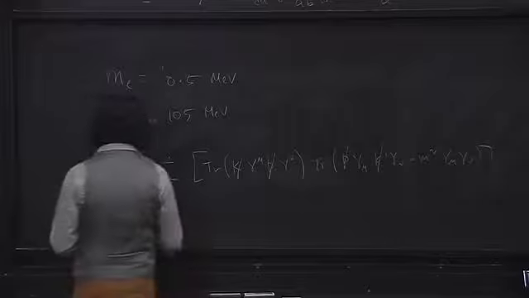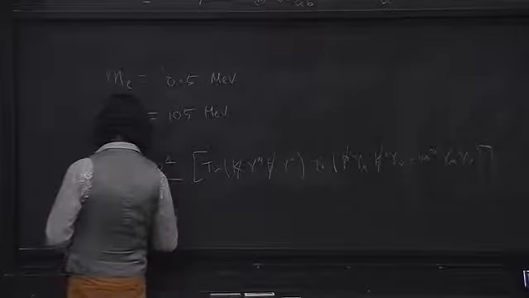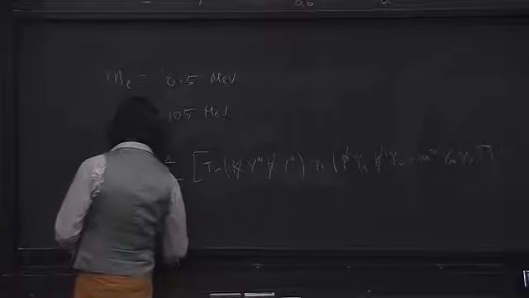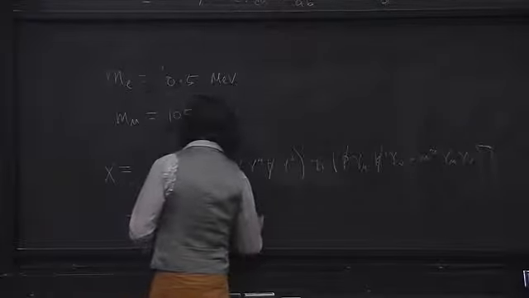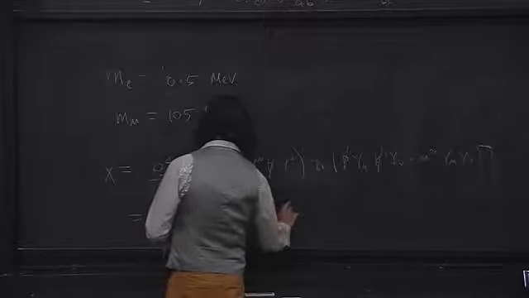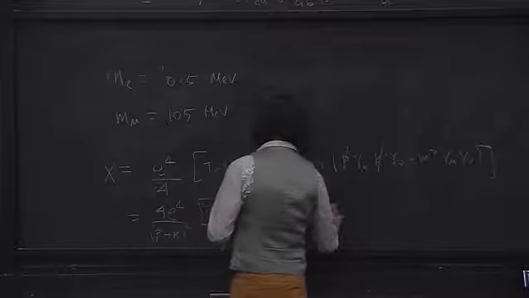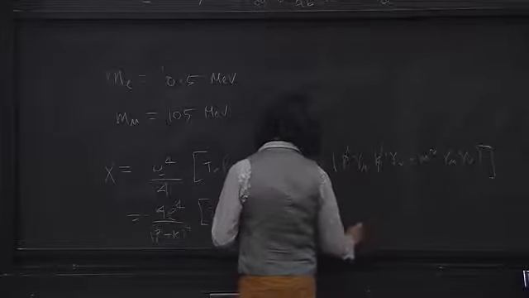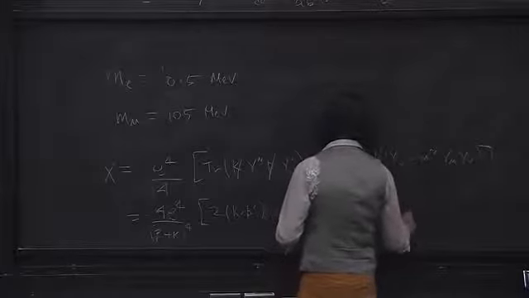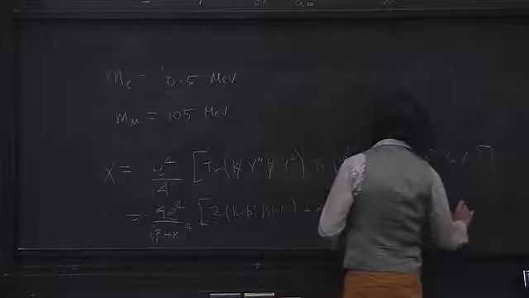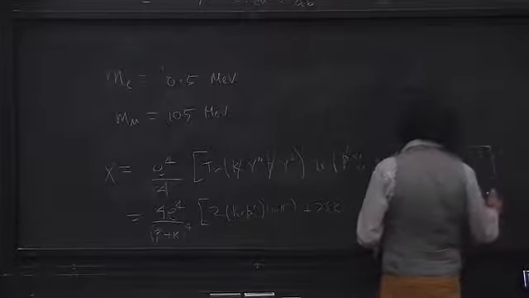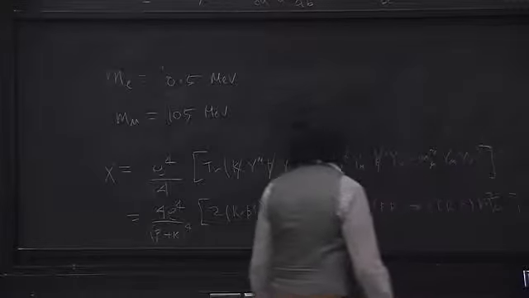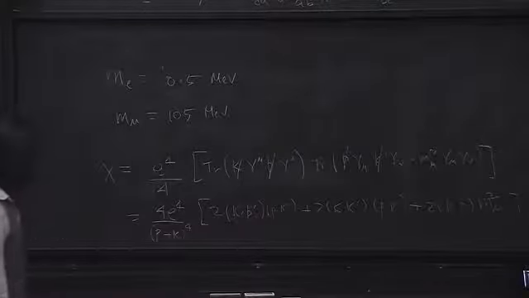So those now come in very handy, and you can write this as 4E^4 and I would like you to verify this independently. 2, and inside it's K times P prime, P times K prime, plus 2 K dot K prime, P dot P prime, plus 2 K dot P, mass of the muon. So this is the muon mass squared.